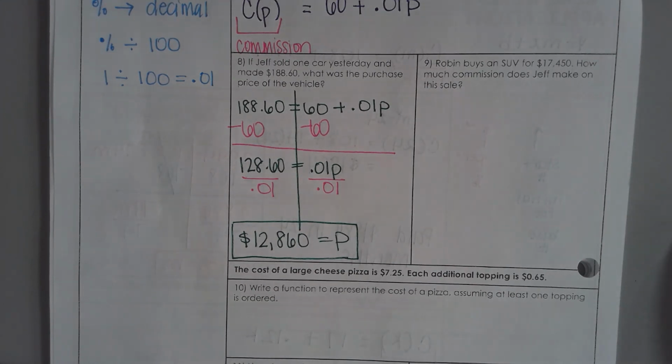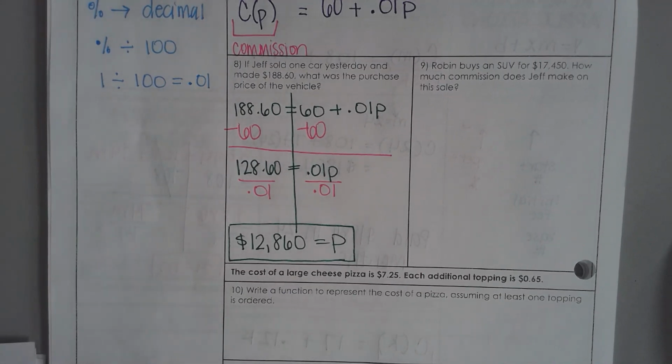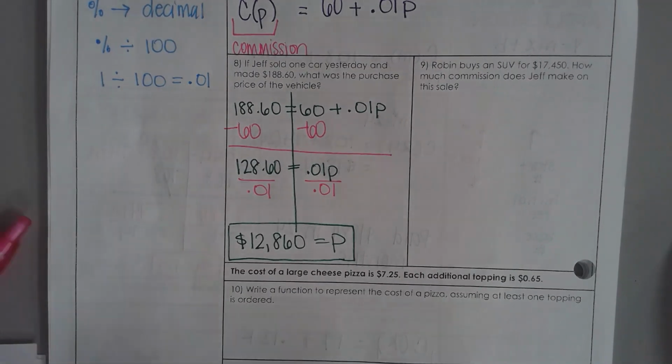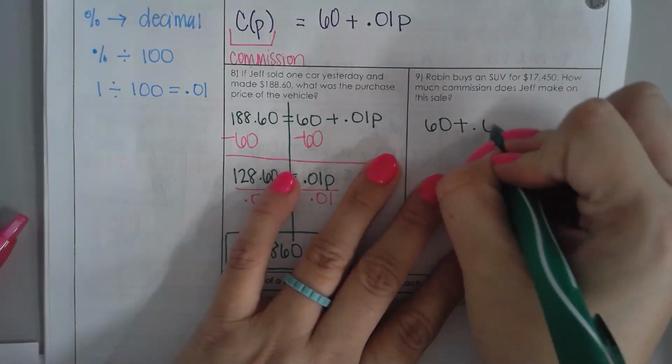So $17,450. Do I put that in the front for commission, or do I put that in for P, the purchase price? P for purchase price. She buys an SUV for $17,450. So that's your purchase price. So it's 60 plus 0.01p.